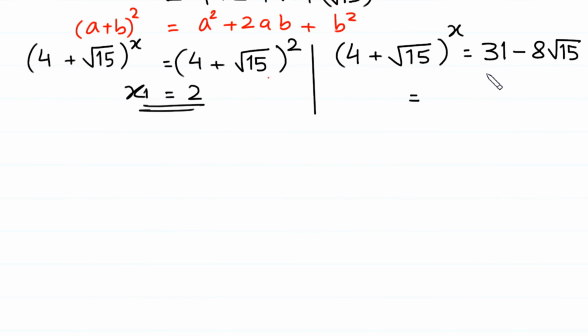Next, we can write this 31 as 16 plus 15 minus 8 times square root of 15.